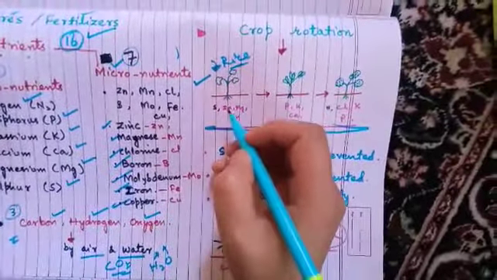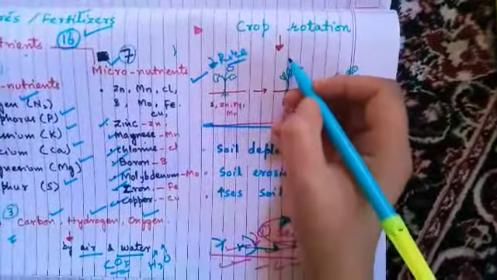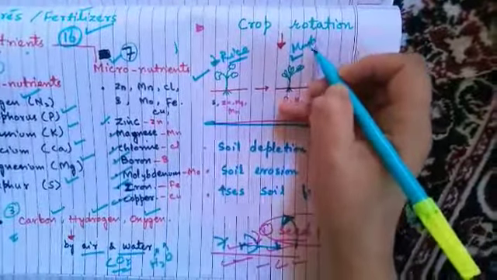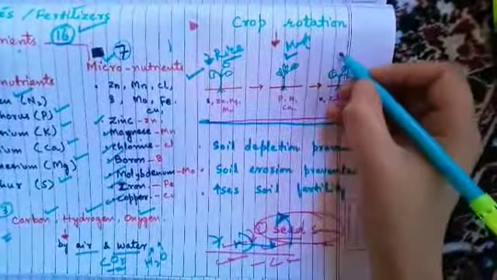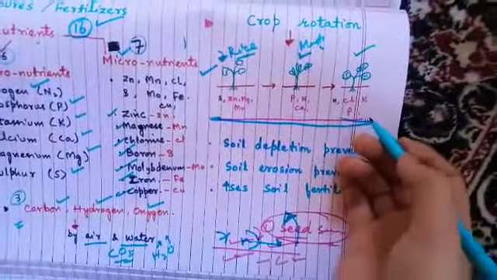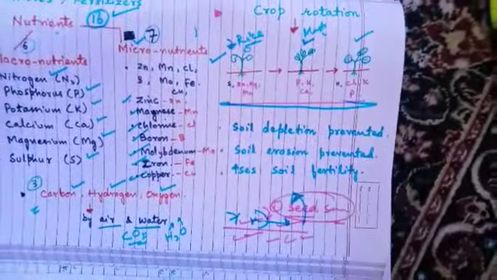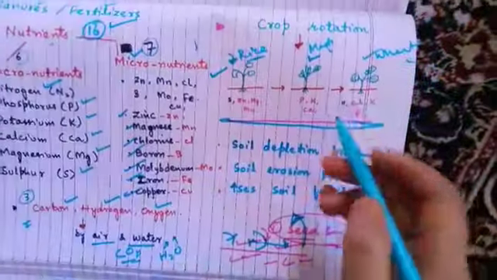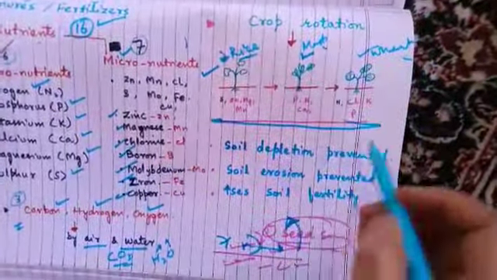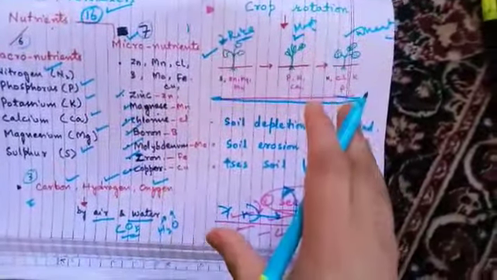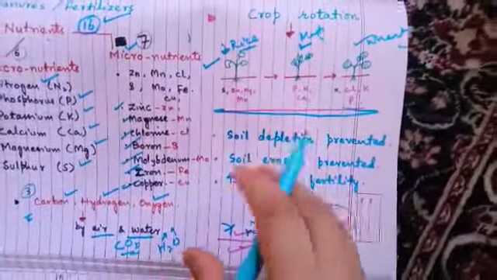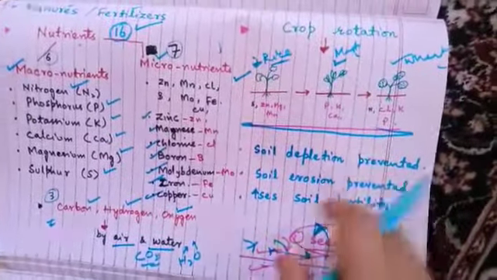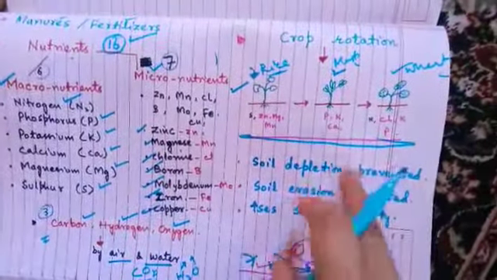Then when we harvest this rice, we sow mustard in that field. And when we harvest mustard, then we sow wheat in that field. This is called crop rotation: sowing different crops in the same field at different times.